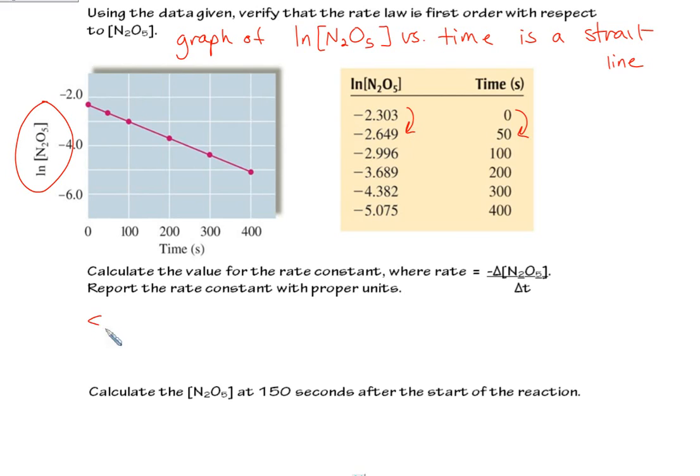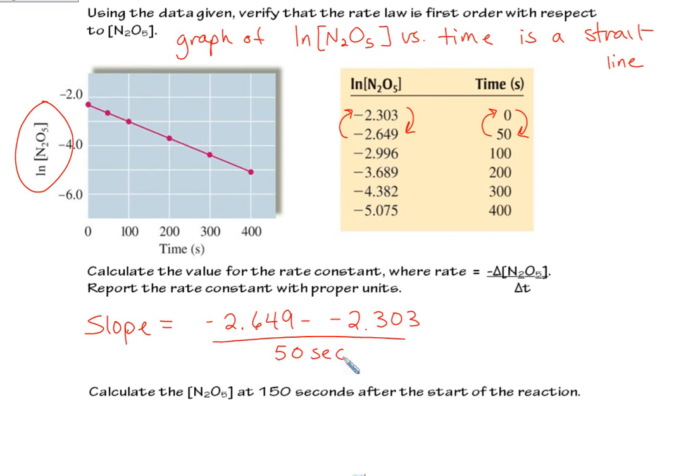So we've got slope equals, final minus initial, technically: negative 2.649 minus negative 2.303, all over 50 seconds. So this comes out to be a negative 0.00692. But the constant should be the opposite of the slope.